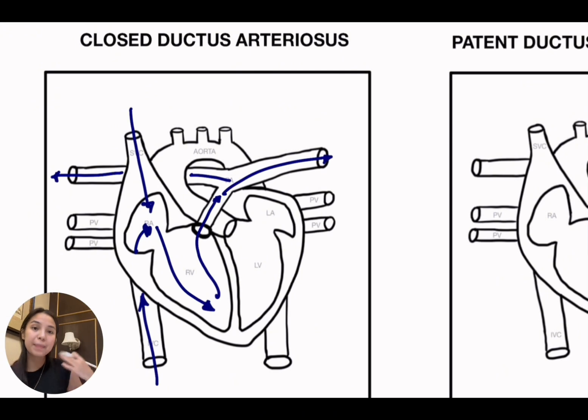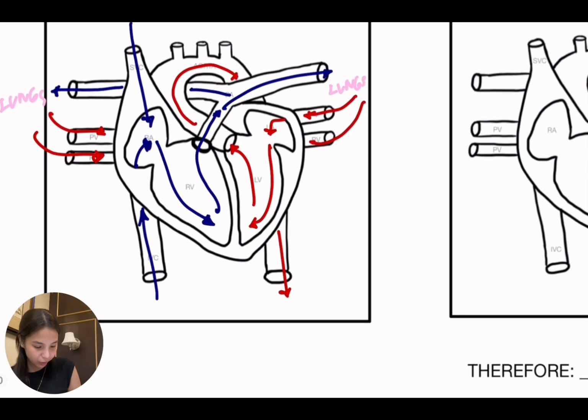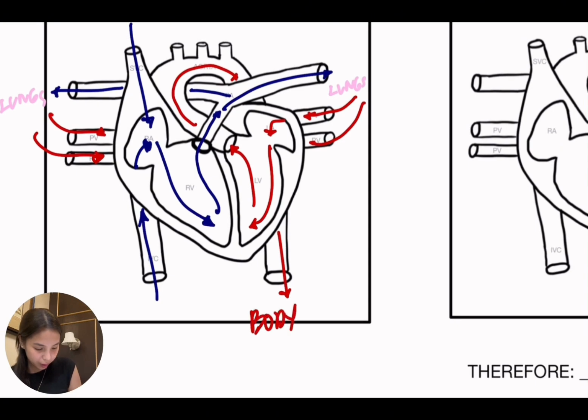And then now, because our lungs are functional, it can receive blood and it can reoxygenate that blood, and send it back to the heart through the pulmonary veins, into the left atrium, the left ventricle, and then the aorta, and the rest of your body.